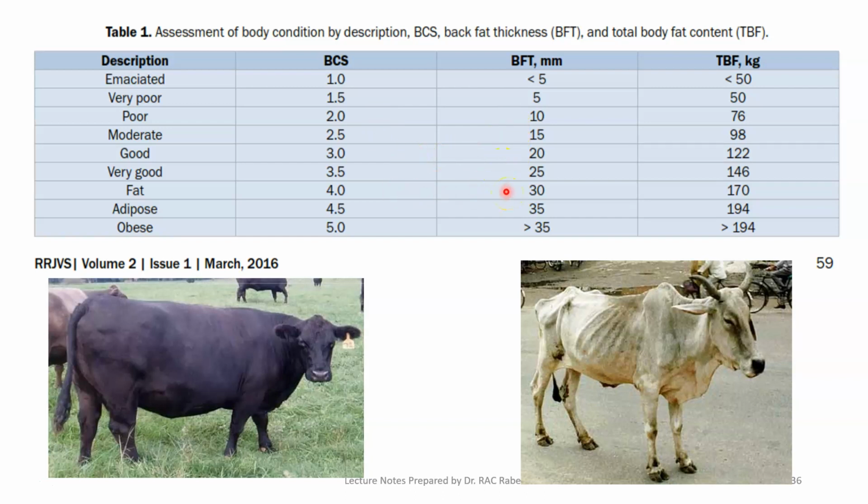So generally about 10 millimeters or 1 centimeter for a unit of body condition score, and number of kilos, like I said, about 8%. So you do the calculation and see. And remember, this is not for all animals. This is for generally about 500, 600 kilogram animals. This won't be the same for local animals weighing 350 kilos.